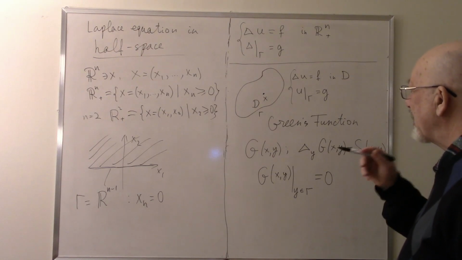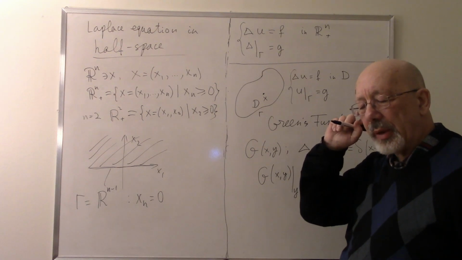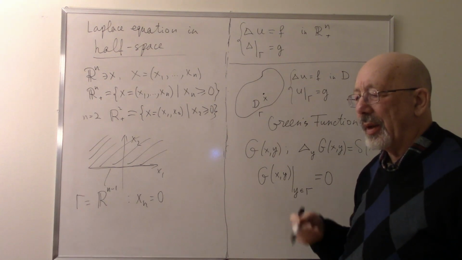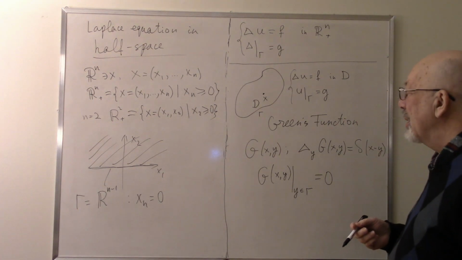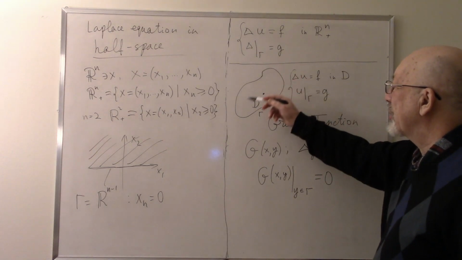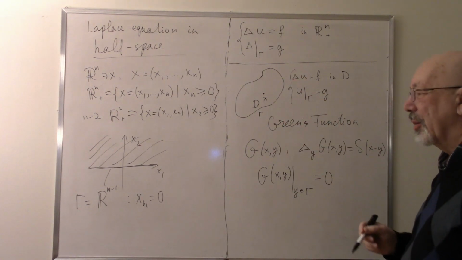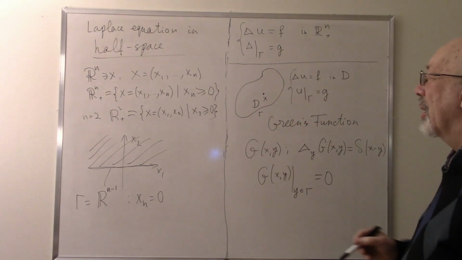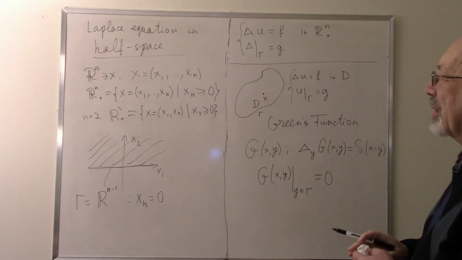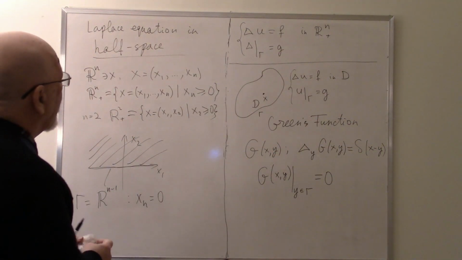But this function is not 0 on the boundary. So we have to correct it. And the problem is how to find this correcting harmonic function. We have to add a harmonic function such that the sum will be 0 on the boundary. So I'm going to do it for the half space, and in this case the solution is given by the following formula.